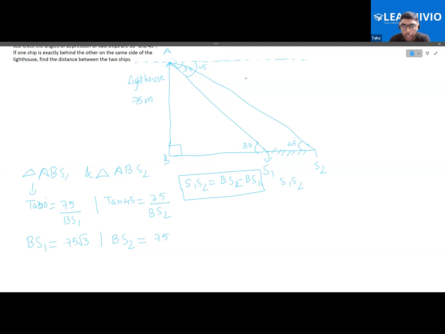All right. So S1 S2 would be 75 minus 75 root 3. Okay. That would get us a negative answer. Is there any mistake here that we did? BS2, tan 45.